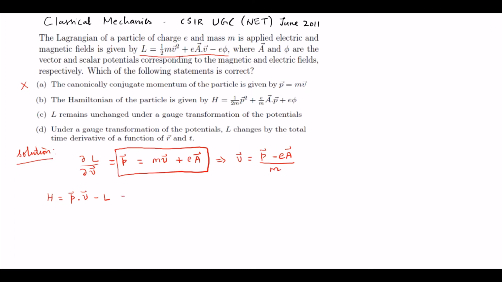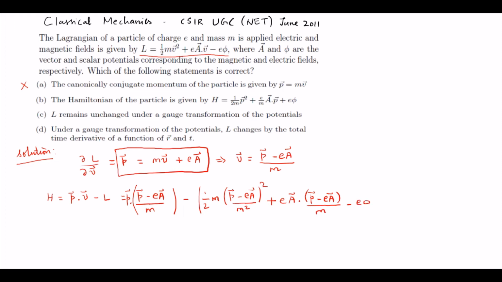So this can be written as (p vector minus eA vector)/m dot product with p vector itself, minus L, where L is 1/2 m times (p vector minus eA vector)² over m², plus e A vector dot (p vector minus eA vector)/m, minus e φ.